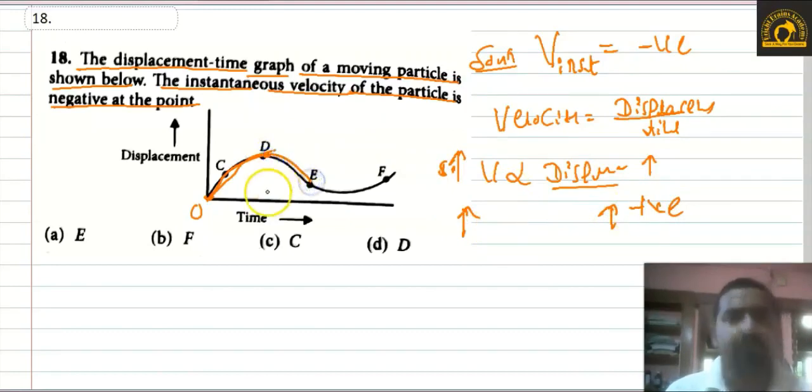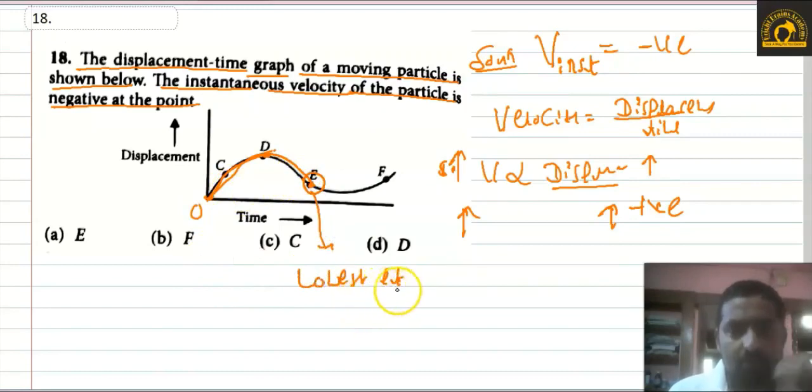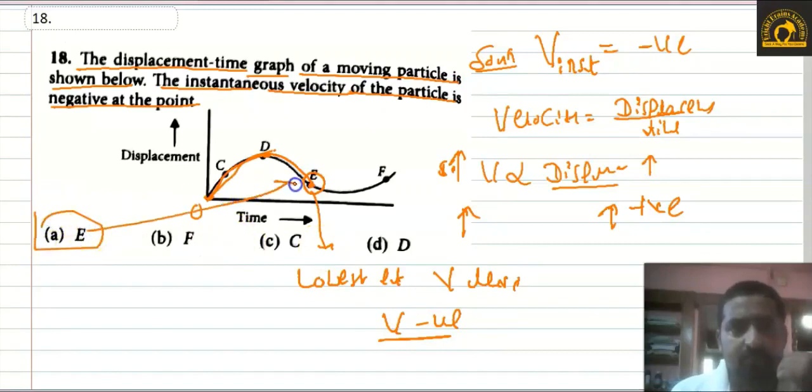Then from D to E, the point E is the lowest point. The lowest point means the velocity is very low, that means it is negative. So option A is the correct answer because it is the negative velocity point, since it is the lower point.